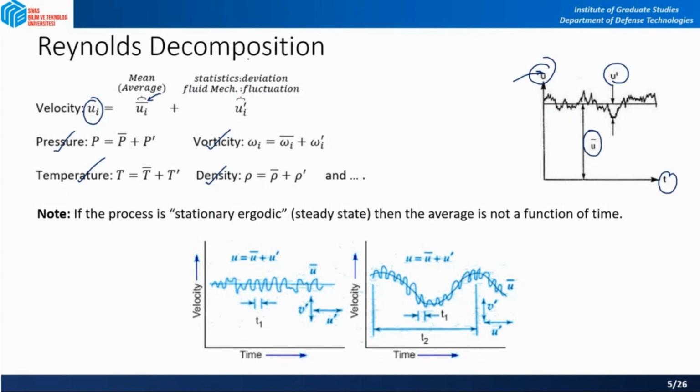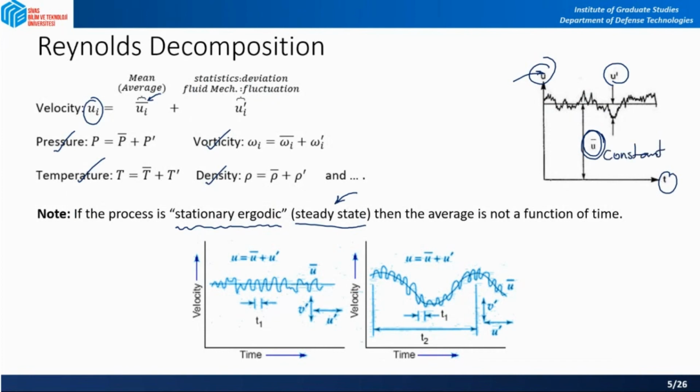If the process is stationary ergodic, which is the name in statistics, but in fluid mechanics we know that the stationary ergodic process is the steady state process, then the average is not a function of time. So in here, as you can see, the average U bar is not a function of time. U bar is something constant.